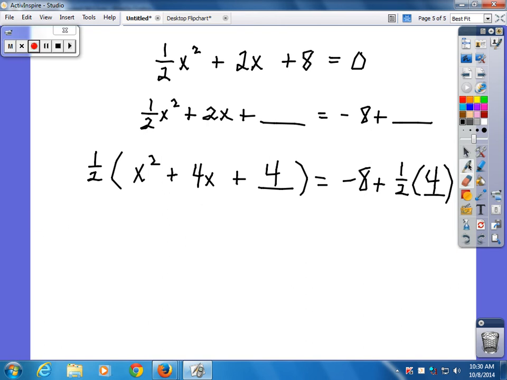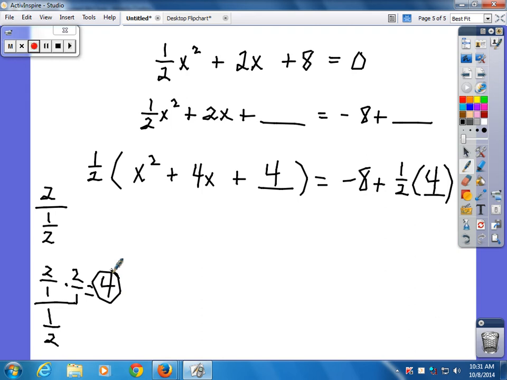I did it right, I wrote it down wrong. 2 divided by 1/2. 2 over 1 divided by 1/2. Now what do you do when you divide by a fraction? And what is 2 divided by 1/2? 4.